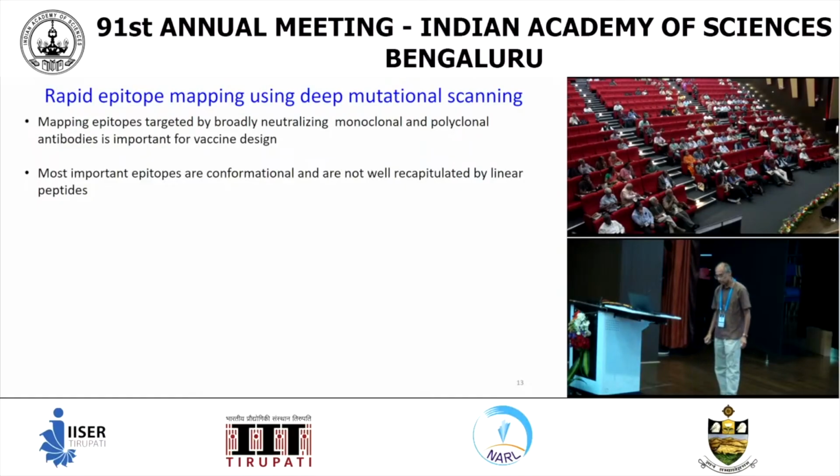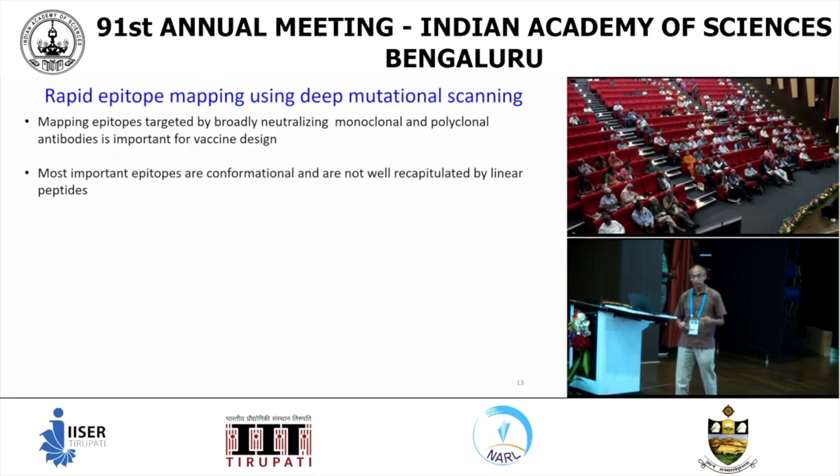But when you immunize with a protein in a body, the antibodies don't bind to just one location on the protein surface, they bind to many different locations. And in different people, the kinds of antibodies that are produced may be different. As the virus mutates, the regions where the antibodies bind may be different.